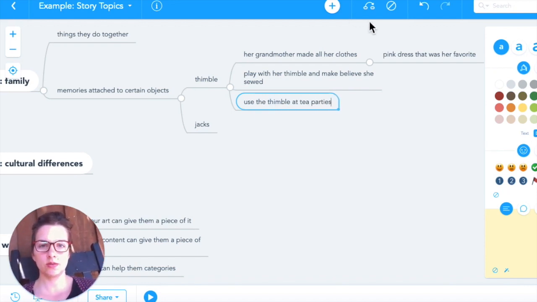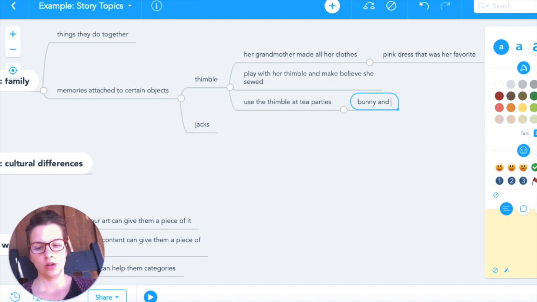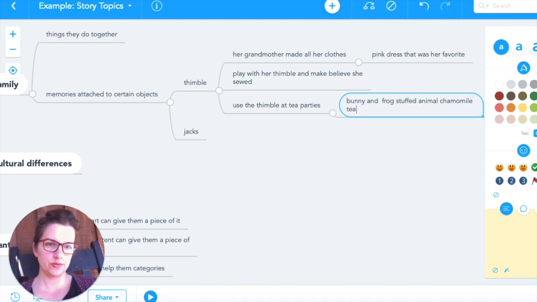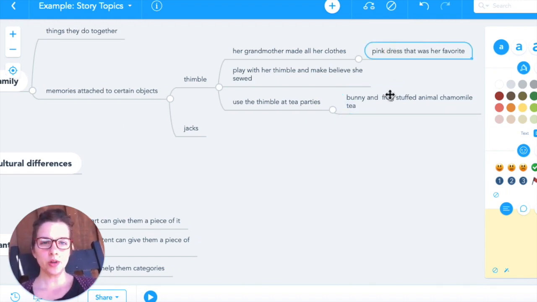Imaginary tea parties. And at those tea parties, she would have her bunny and her frog stuffed animal. And they all drink chamomile tea. Okay, so this one and this one are ones that I would use for a single social post.